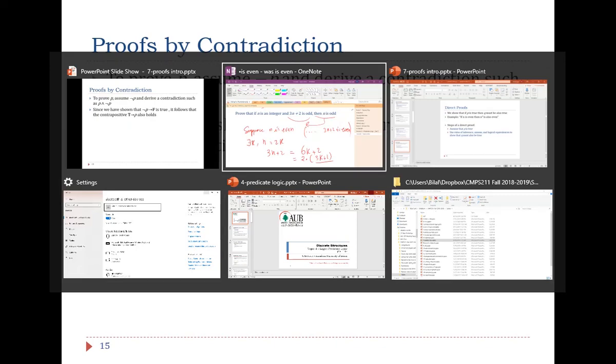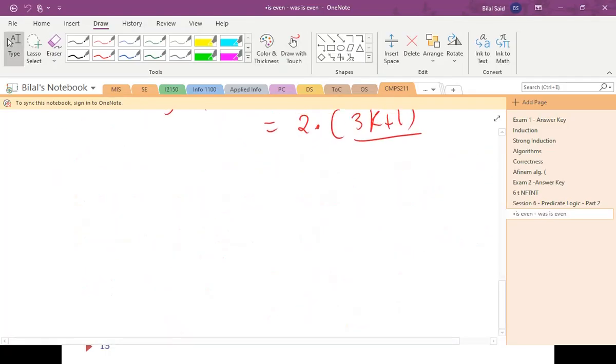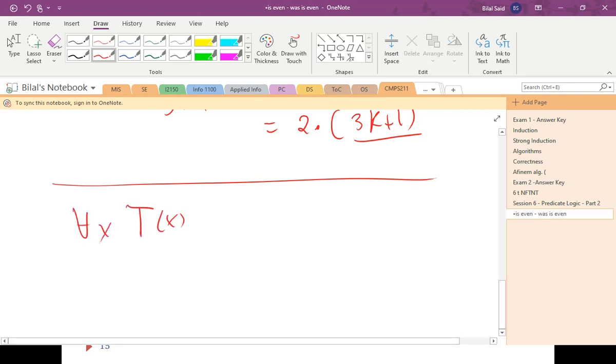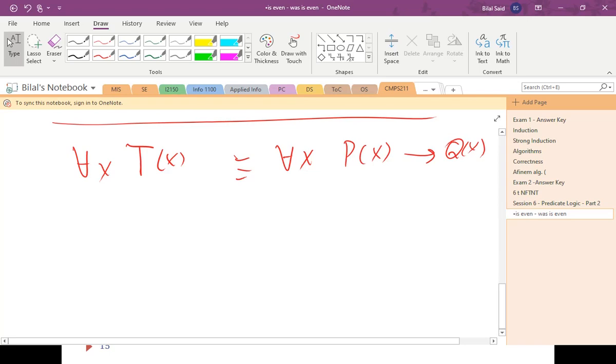Just to clarify this point, because I am using the symbol P to denote two different things. If my theorem is called T of X, so I have for every X, T of X. If this is equal to for every X, P of X implies Q of X, then a proof by contradiction is to show that we cannot have not T of X, that not T of X is false.